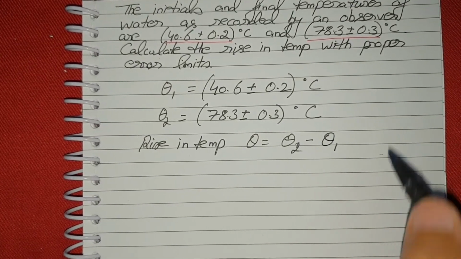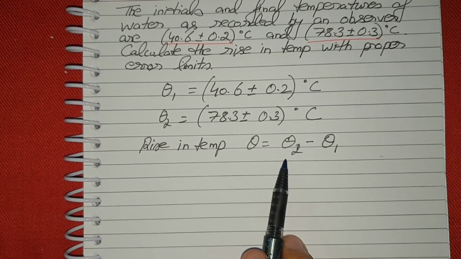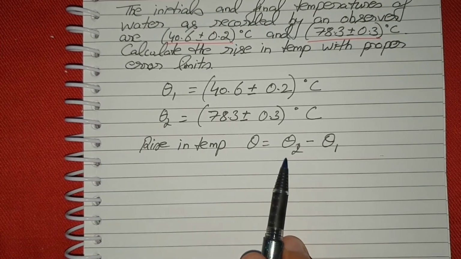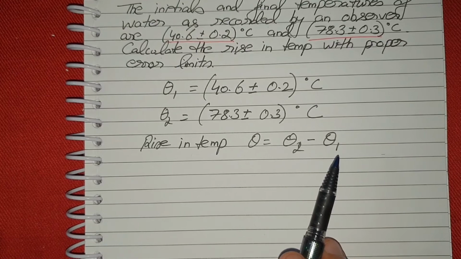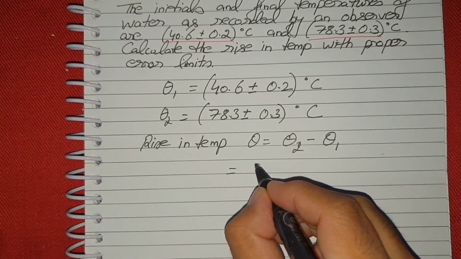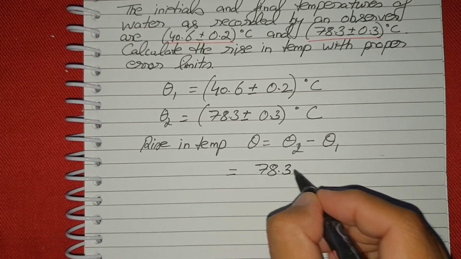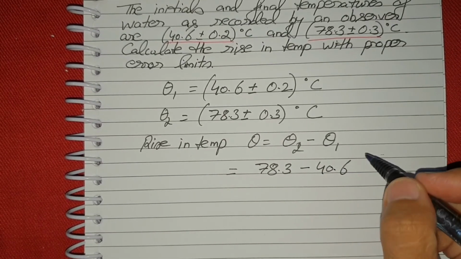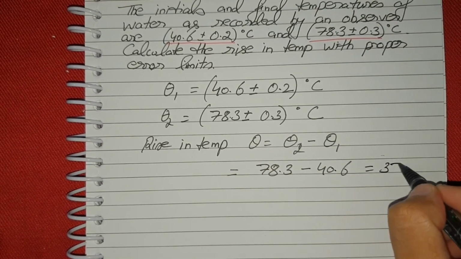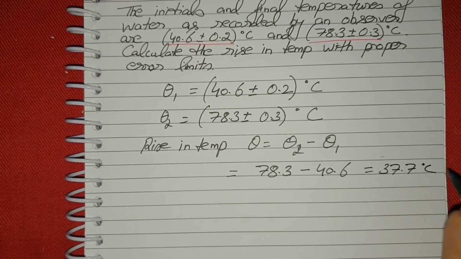Now see, this is the higher temperature. So we are finding the rise in temperature, with highest minus lowest, you can say final minus initial, which is 78.3 minus 40.6, which is equal to 37.7 degrees Celsius.